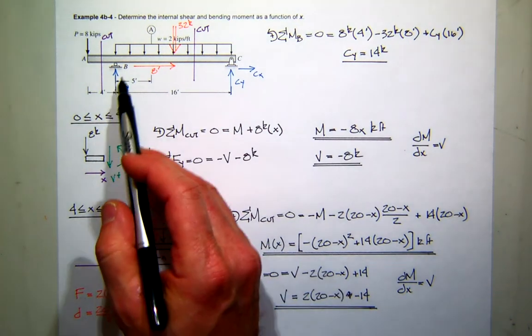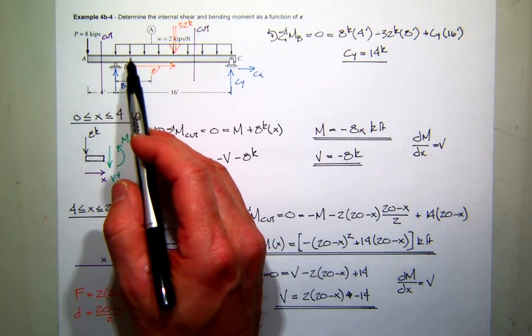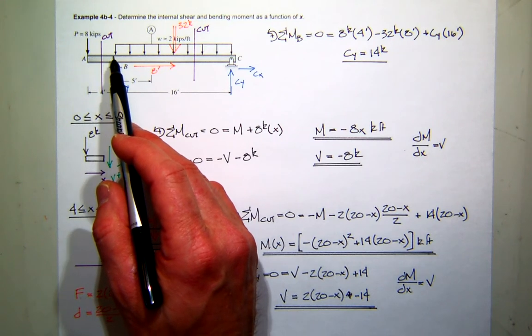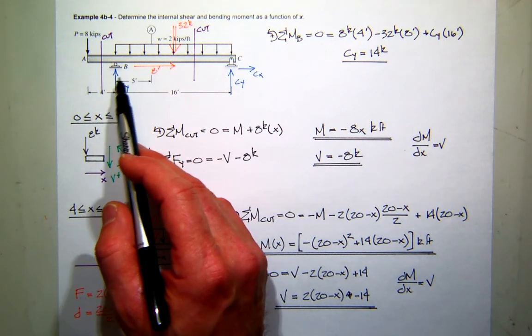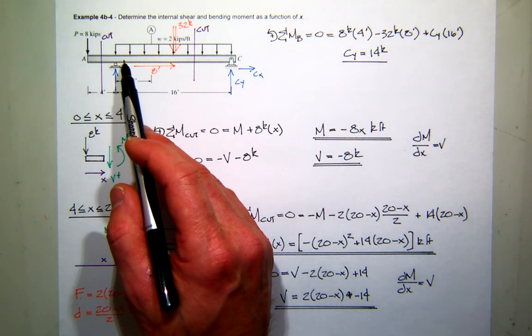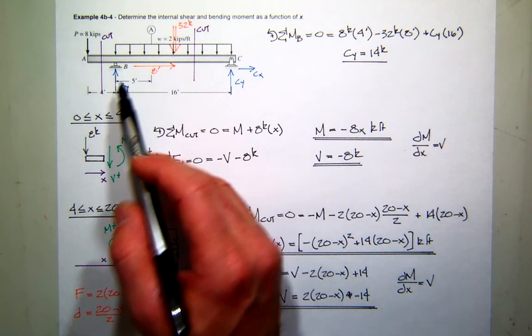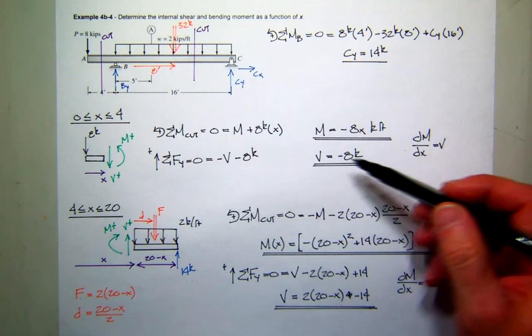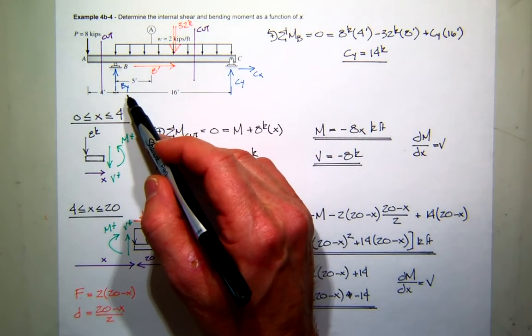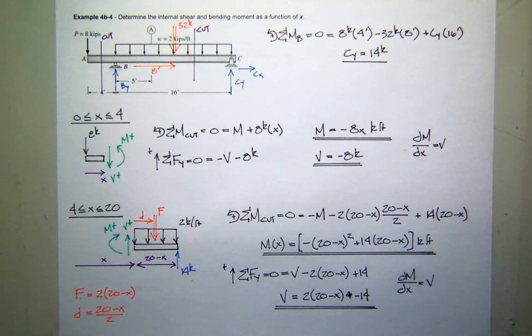Now let's see if these things match. This is going to be a tough one to match the shear. Why? Because as you come from the left side and you get right there, you're going to get a value of shear, and then this reaction is going to affect that. And when you go just to the right, you'll get a different value. So if you try to match these two shear values at x equal 4, you're going to be off by exactly the reaction. But you can match the moments.